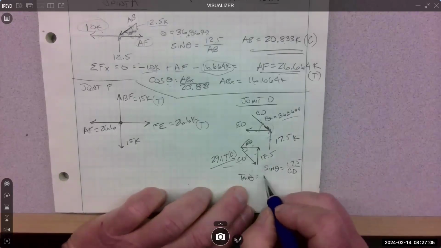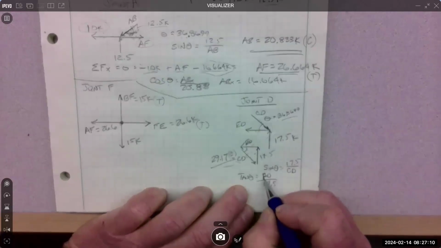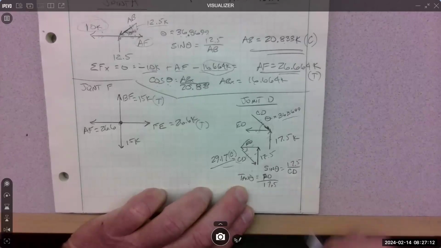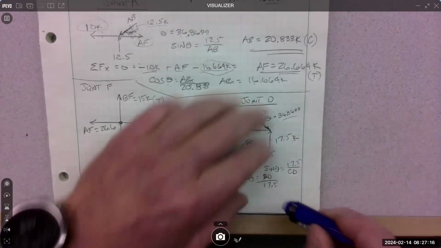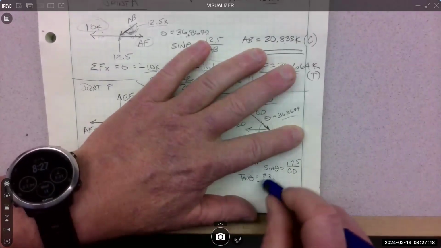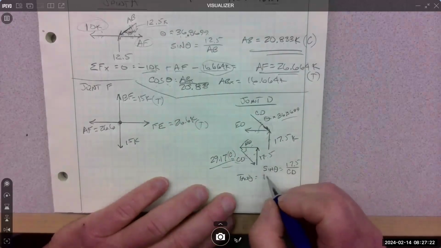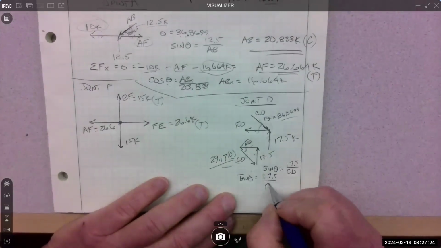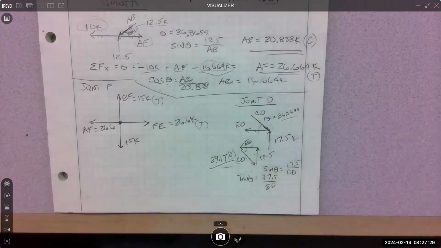I like it. Whoops, tangent of the angle is opposite over adjacent. I reversed them. So it's 17.5 over ED. Remember theta is 36.866. So you got to swap those.